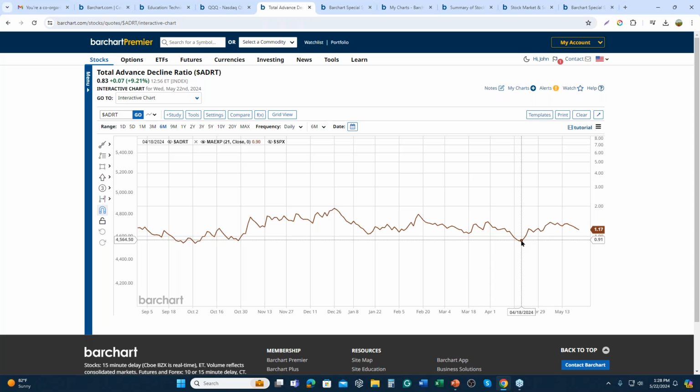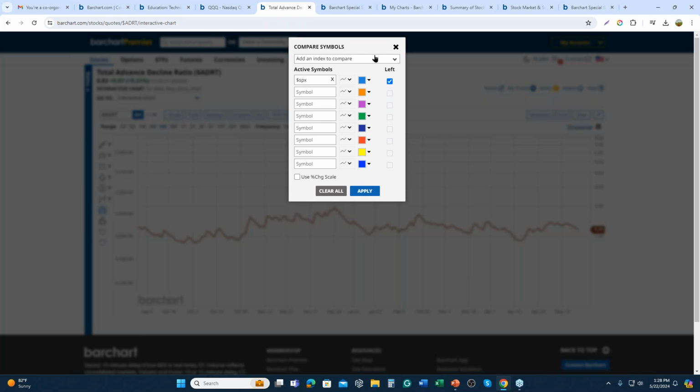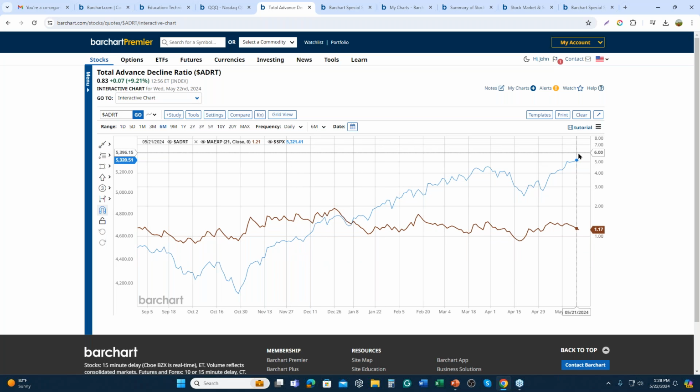So what I would do at this point is add the S&P to see if I can make those connections. The easiest way to do that is to come up here where it says compare, and I can open up here and add one of those major indexes that we're going to look at. In this case, we're going to be looking at the S&P 500. And there it is.